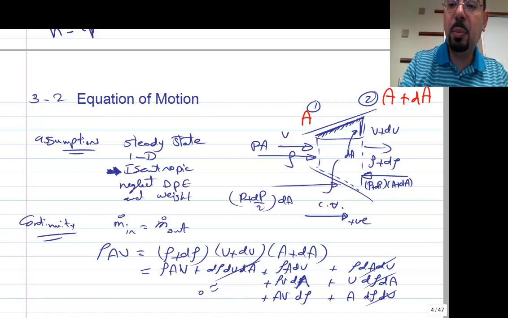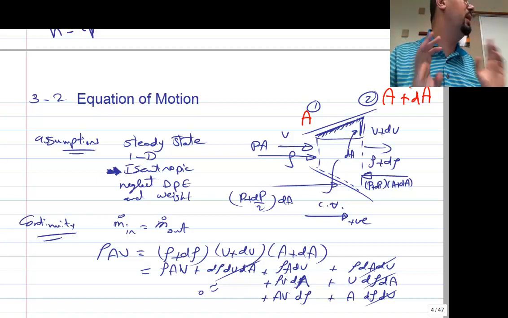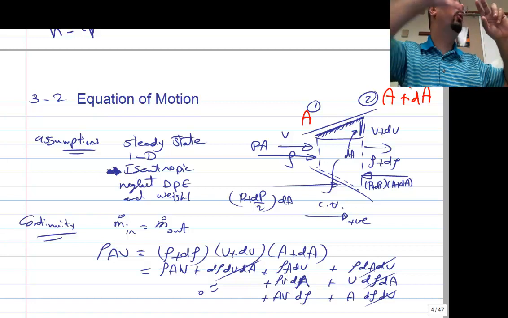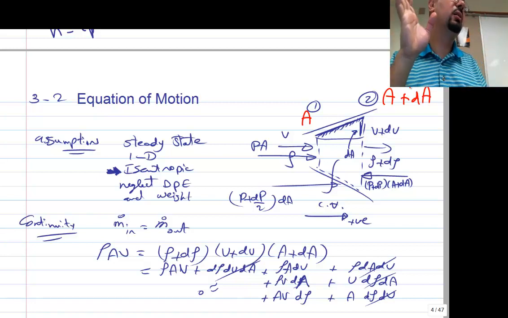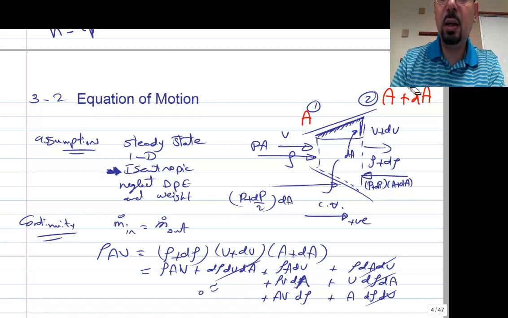And again, plus dA doesn't necessarily mean that the area will increase. This analysis will work if you increase the area or decrease the area. It's just that there is a change in the area. As a result, the pressure P becomes P plus dP, and the velocity V becomes V plus dV, and the density becomes rho plus d rho.